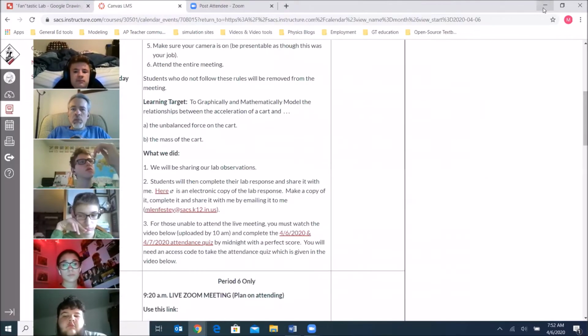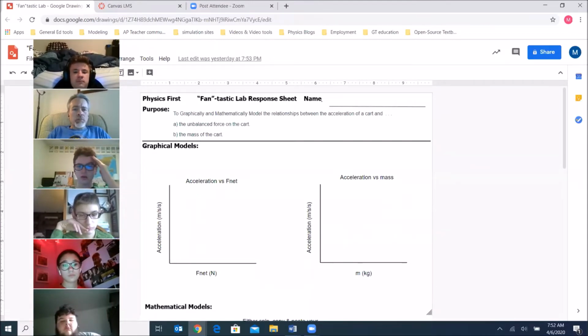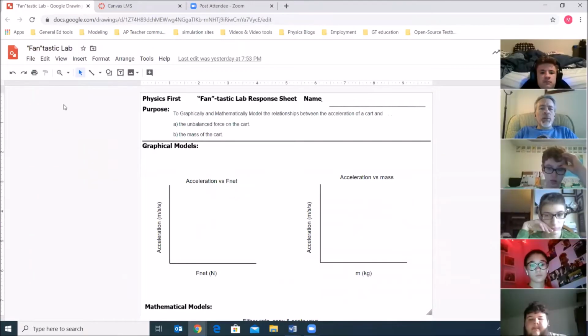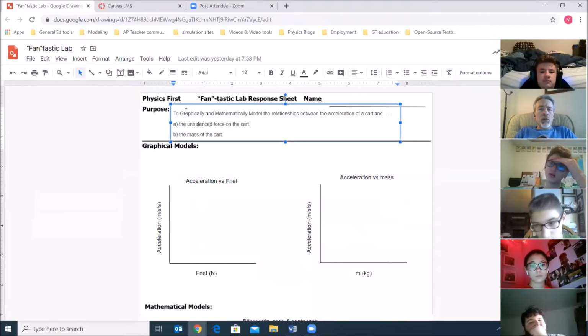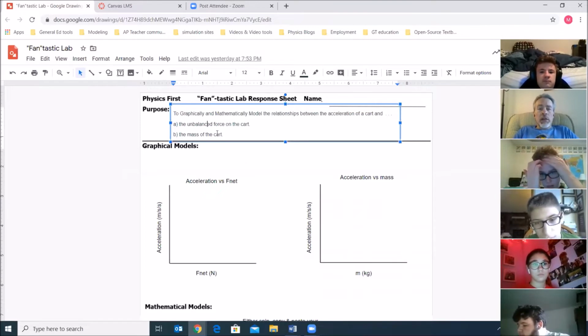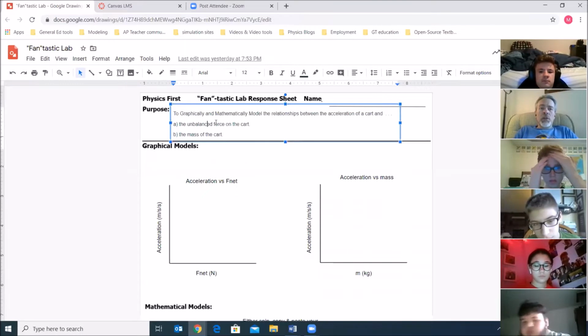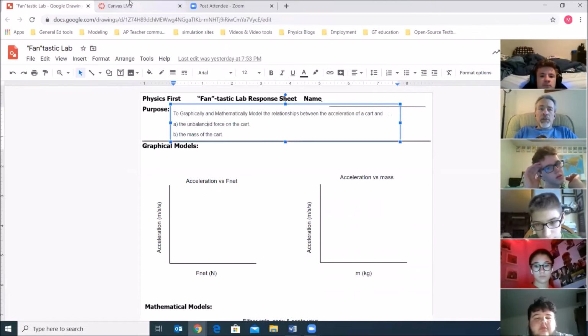So let me go ahead and minimize this. So in your lab, you would first of all have to put the purpose. So you type in the purpose: to graphically and mathematically model relationships between the acceleration of the cart and the unbalanced force on the cart and the mass on the cart. If you're like, I don't remember where that's at, do I have to watch this video again?